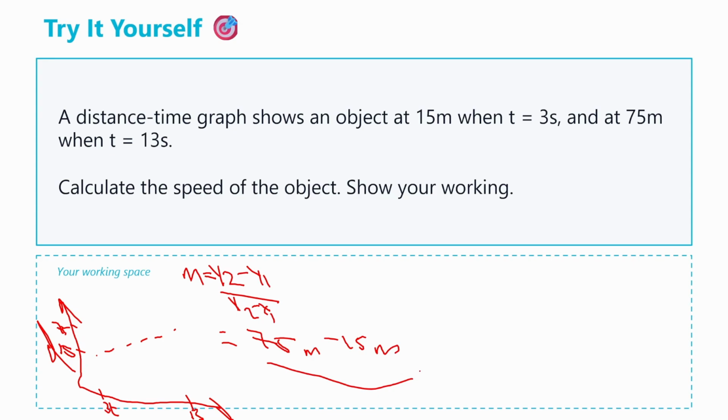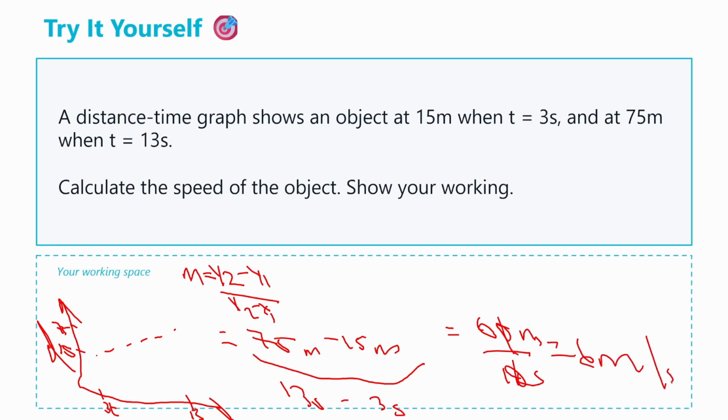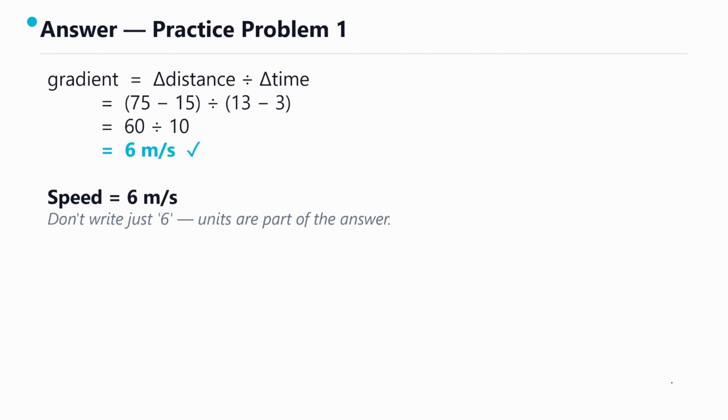Now x2, the second instance of x, is 13 seconds. What is the first instance of x? 3 seconds. Minus 3 seconds, which equals 60 meters over 10 seconds. Cancel out the zeros. 6 meters per second, and that's the speed. So don't just write 6, remember to write meters per second because that's the unit.